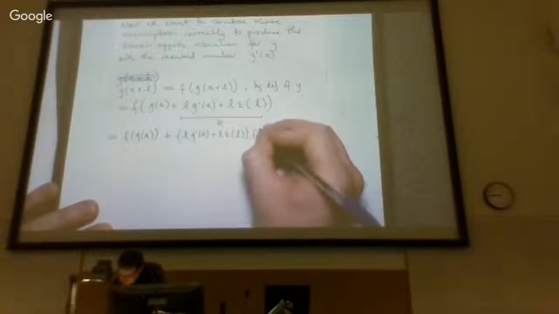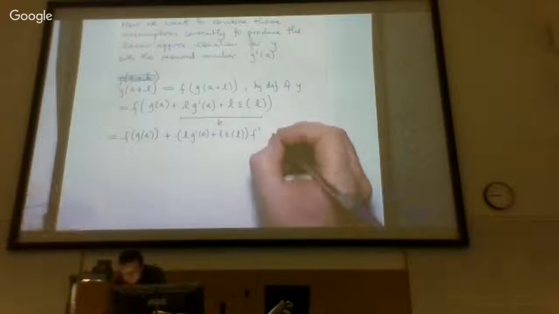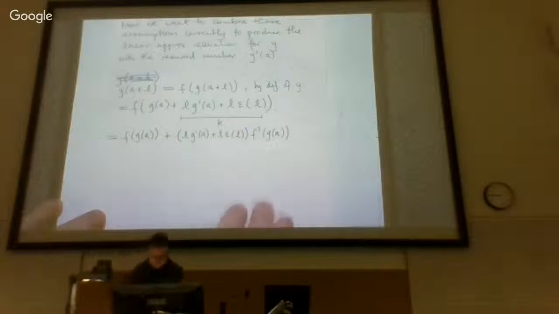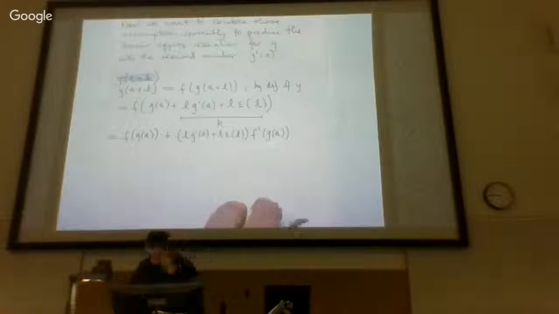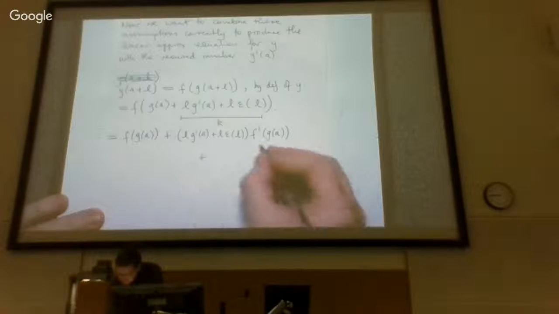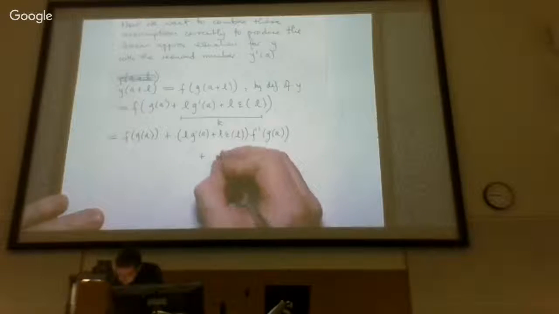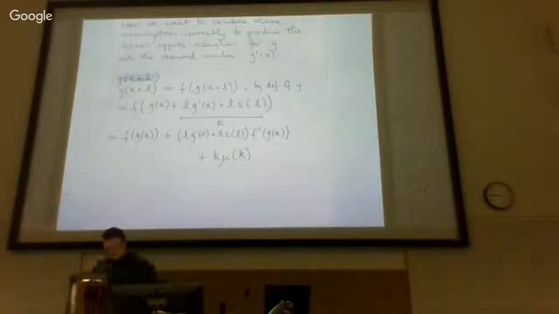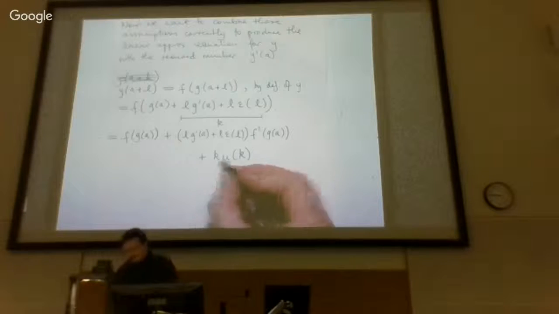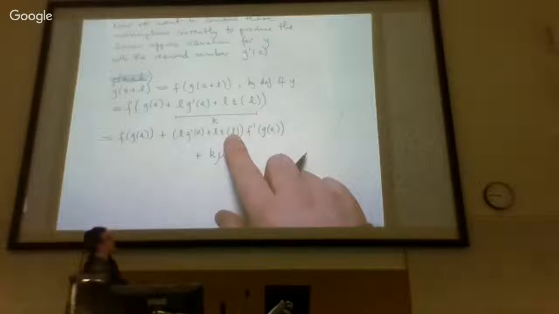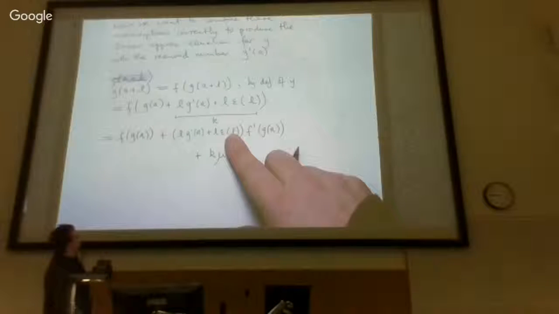And this multiplies by the derivative of f evaluated at g of a. And then I've got my k again, but I'm going to write it as k here just to save space, k times mu of k. So this k I've introduced here is exactly this quantity here. Now I've written it out here in the brackets if I want to expose it a bit.